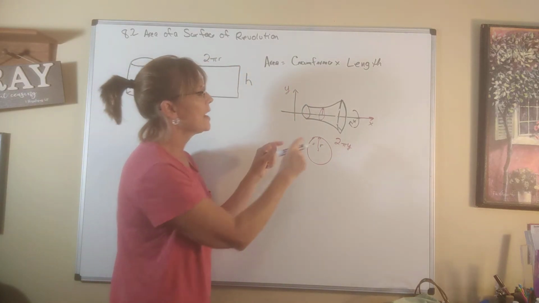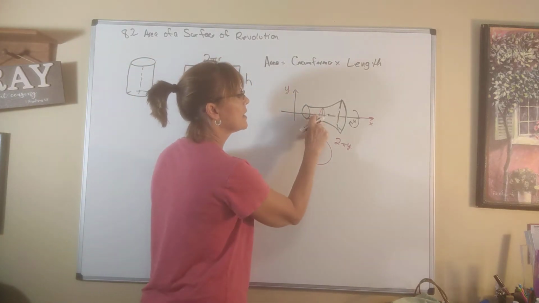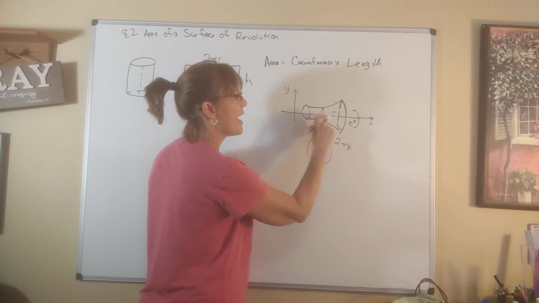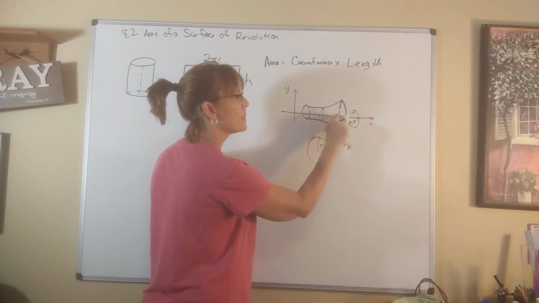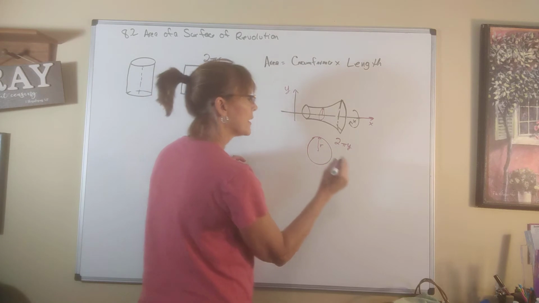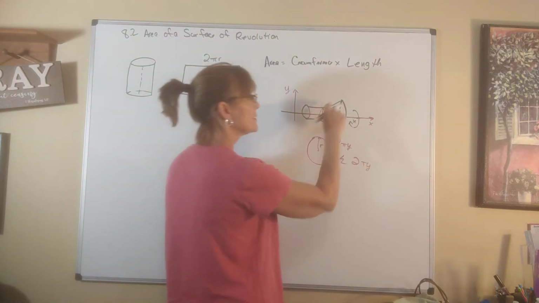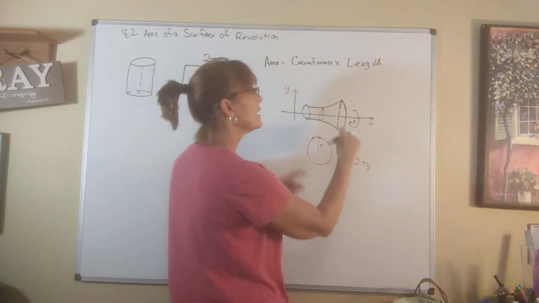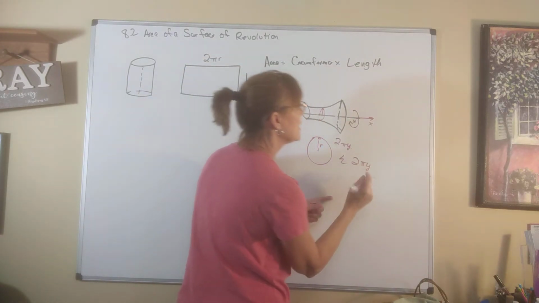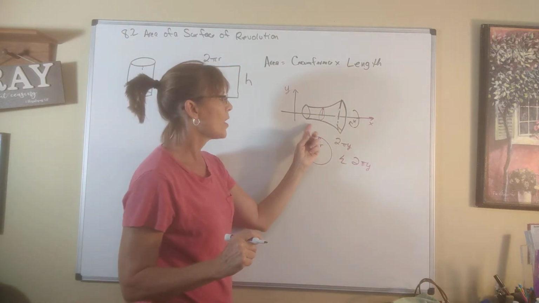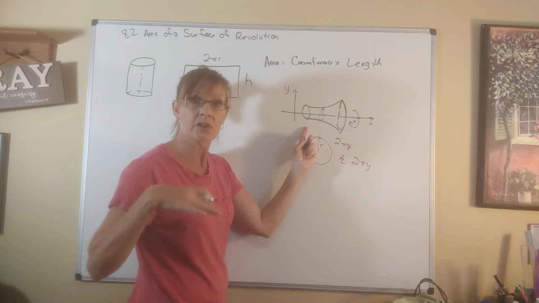Now if we take this section and then take another one and another one and another one, and add up all of them, we're going to add up all of these, 2 pi y times the length. And the length is going to be the arc length that we talked about in the earlier section.